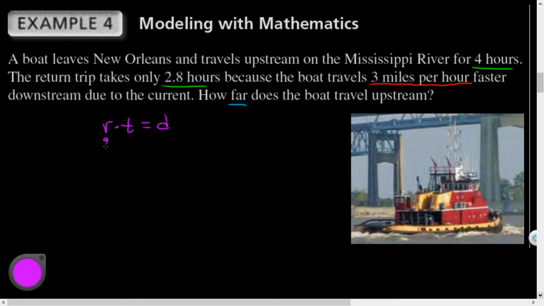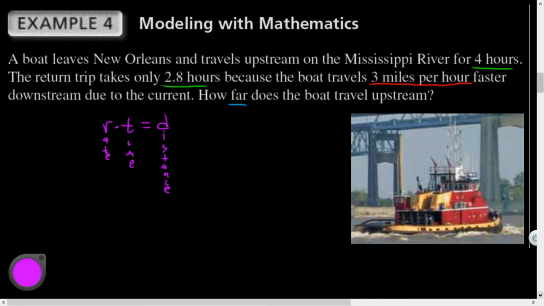Okay, so this is rate, time, distance. And it turns out, because math is the language of the universe, if I come to the table with the equation that represents life in this moment, I can then plug in things, I can relate things, I can compare things, I can solve things, and then answer this problem.